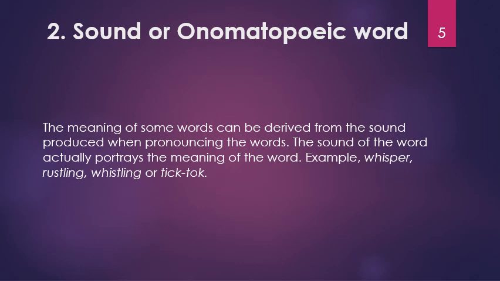So examples we've given on this slide include whistle. When you hear the whistle being blown, it will suggest a lot of meanings to you, or tick tock, or whisper, or rustling, a kind of small sound.